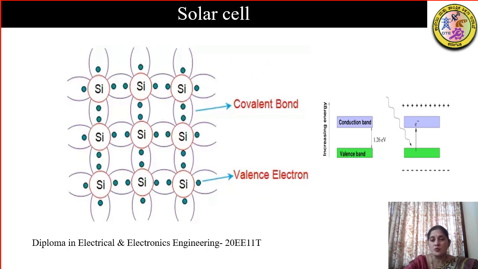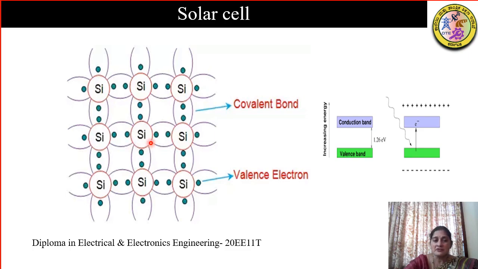To understand the working of a solar cell better, let us briefly study about semiconductors. Which are the commonly used semiconductor materials? They are germanium and silicon. So I put a picture of silicon where we can see that every silicon atom has got 4 valence electrons, and it shares its electrons with the surrounding 4 silicon atoms.